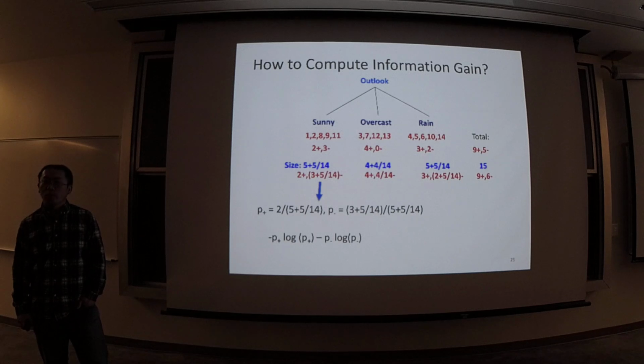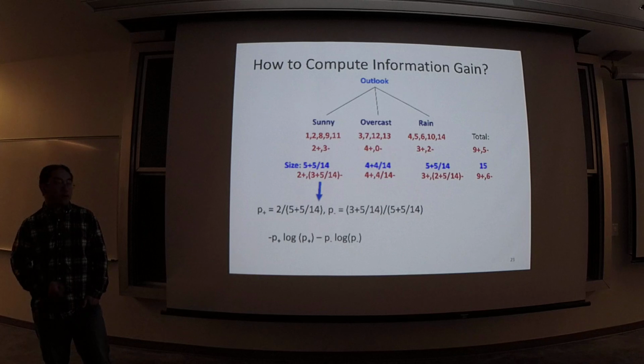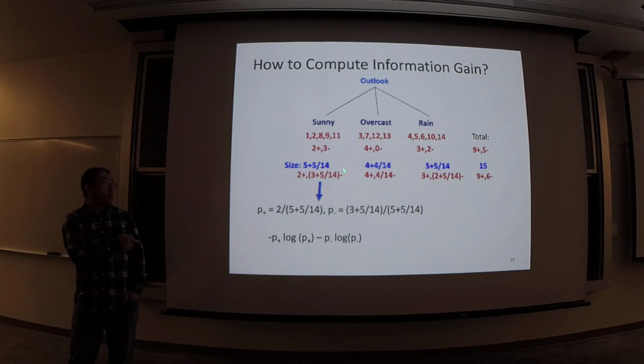Any idea? How do we compute the majority error? Ratio of misclassified ones over... Yeah. So you just pick up the smaller value between P plus and P minus, right? So it should be P plus, because obviously the negative example takes the majority.